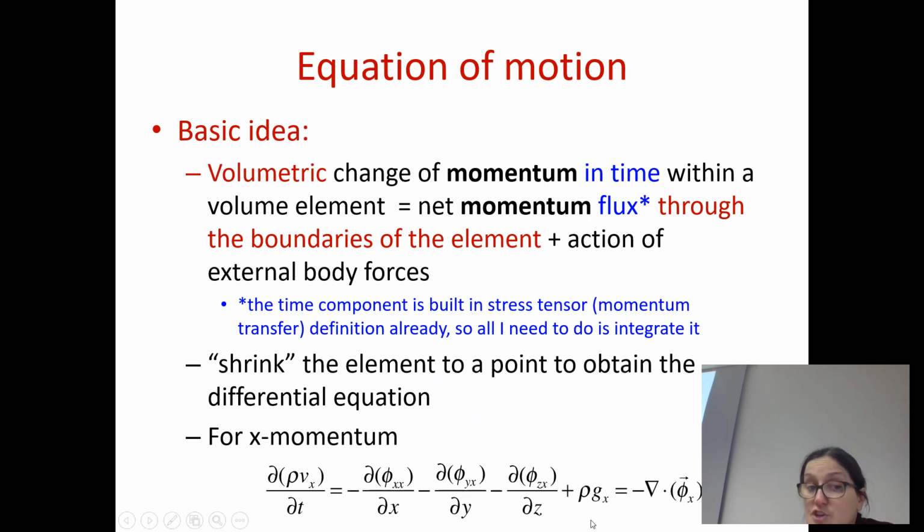And what can also change is the action of the outside forces, and we are referring to rho g as the general expression of a body force. So there's some acceleration related to it that we call g. And gravity is the most common external body force. You could have, for instance, magnetic forces acting as well, and you would just add them up here if you knew how to evaluate them, right?